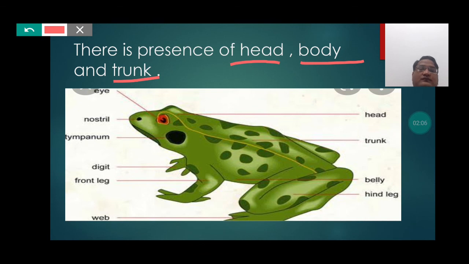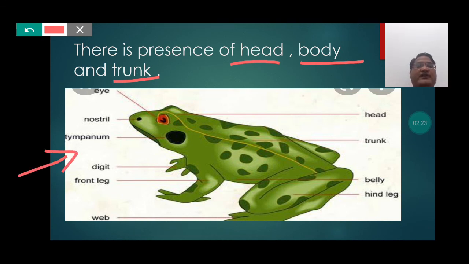So students, we can understand the concept of the body form of amphibians with the help of this picture.